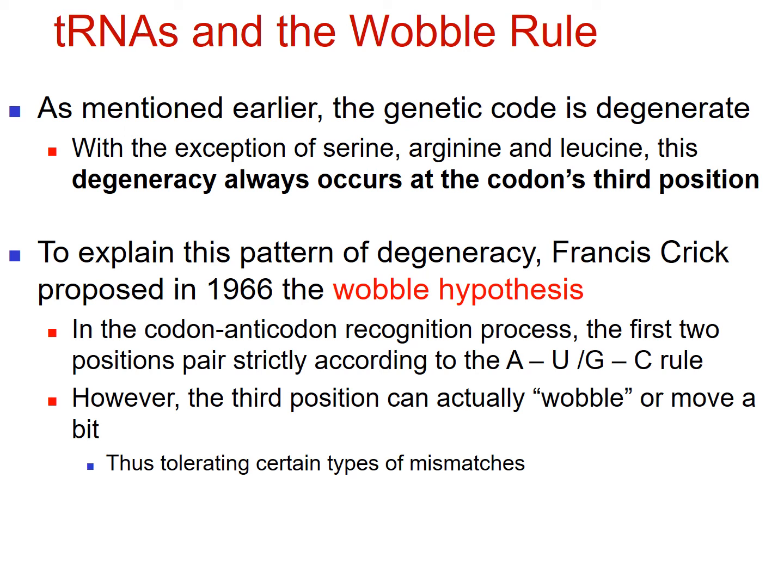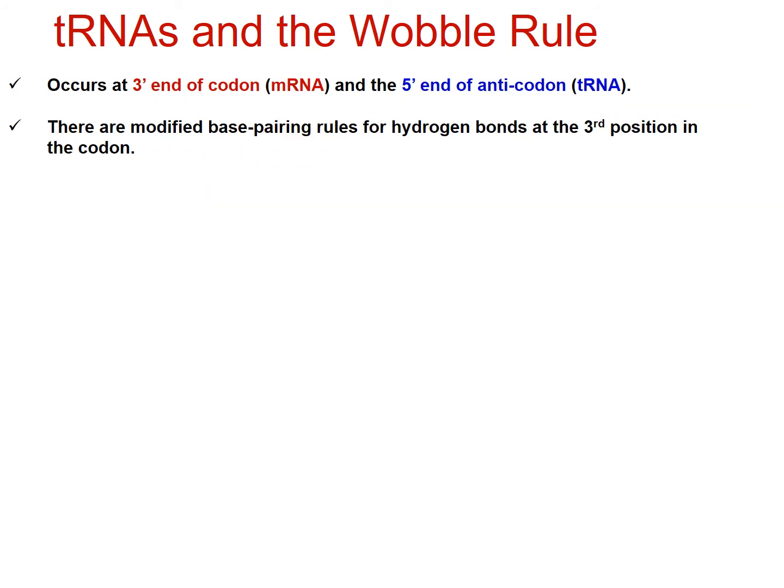In the codon-anticodon recognition process, the first two positions in the codon are paired strictly according to the AU and GC rule, so it follows everything that we know. However, in the third position, the tRNA can move a little bit. So the base that's in the 5' end of the transfer RNA can wobble, and this will allow it to form different kinds of pairs.